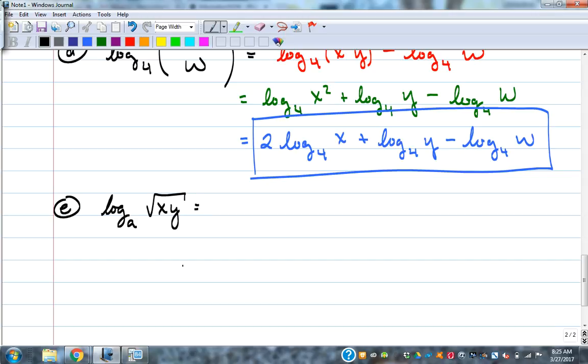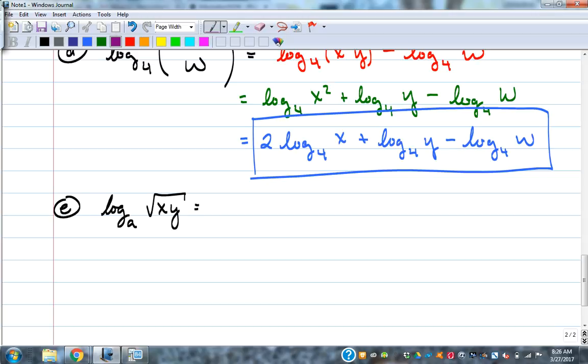Let's get into a few that are maybe a little more challenging as far as details involved. Log base A of the square root of xy. You could.